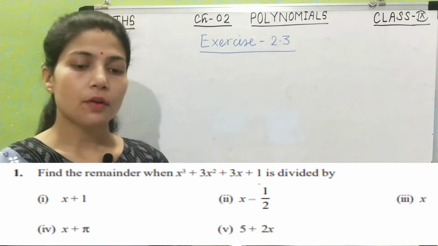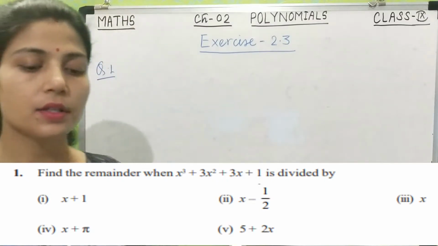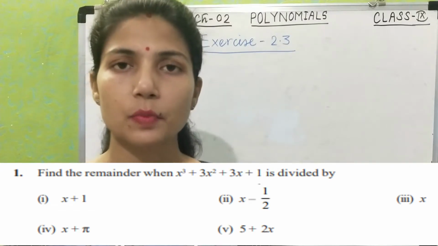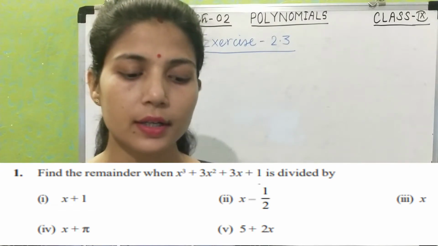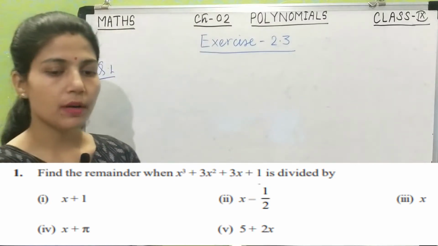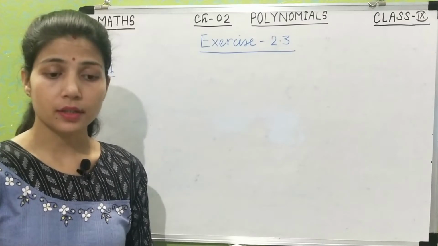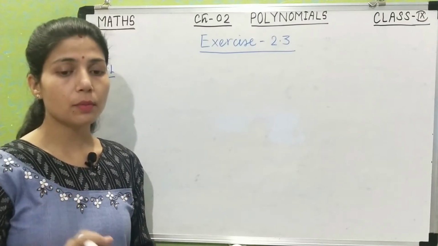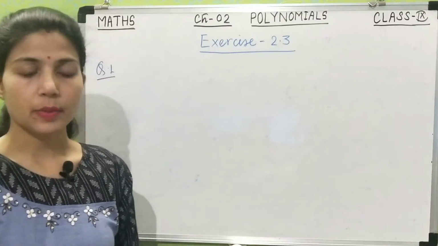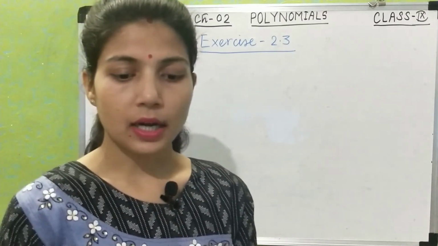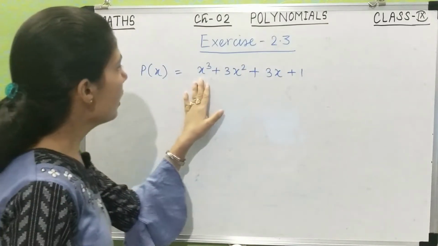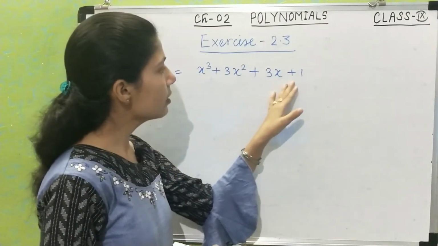Find the remainder when x raised to power 3 plus 3x square plus 3x plus 1 is divided by the following polynomials. So you have to check the remainder when the given polynomial is divided by x plus 1, x minus 1 by 2, x and x plus pi. The polynomial given here is x cube plus 3x square plus 3x plus 1.